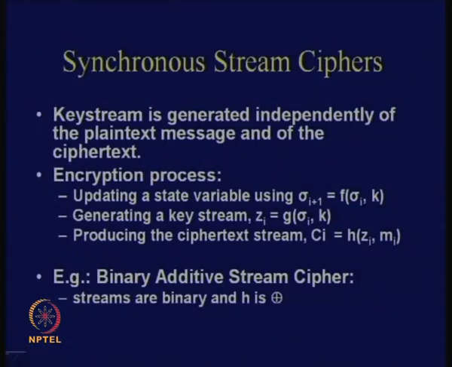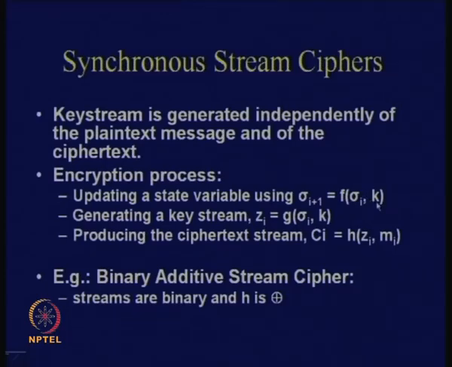The encryption process can essentially be divided into three basic parts. The first part will update a state variable. As I told you, these kinds of stream ciphers have a state variable, which we denote by, say, sigma, and its value gets updated during the encryption procedure. There is a function, say f, which takes in sigma_i and also the secret key value.